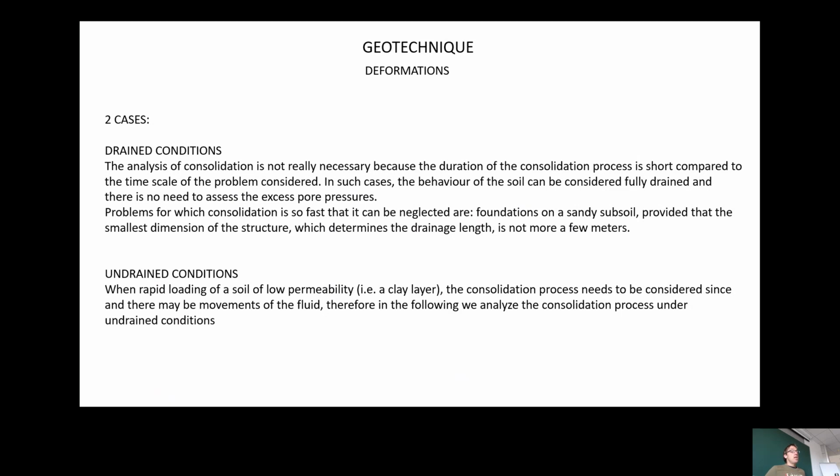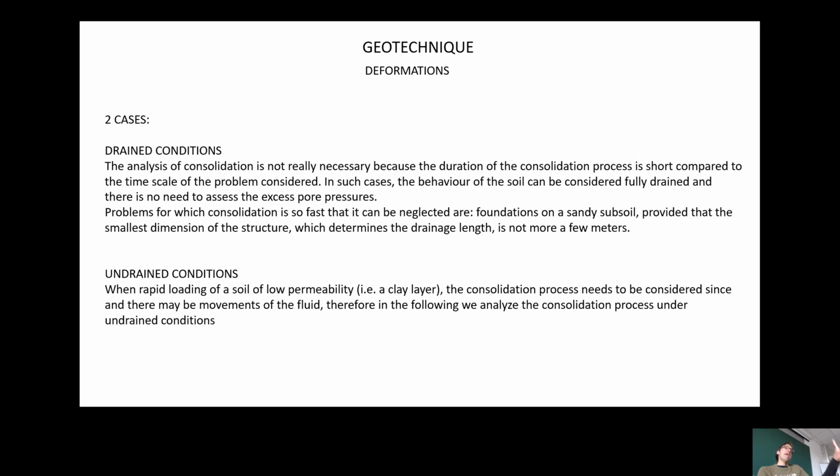So when our soil is fully drained, there is no need to assess the excess pore pressure. In this case, the problems are very simple because the consolidation is very fast and it can be neglected. For example, in case of foundation of a sandy subsoil, provided that the smallest dimension of the structure, which determines the drained length, is not more than a few meters.